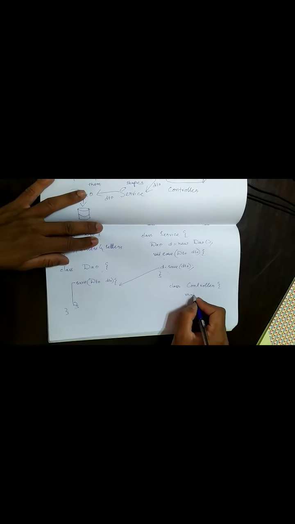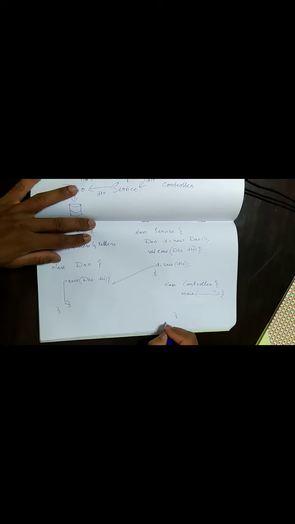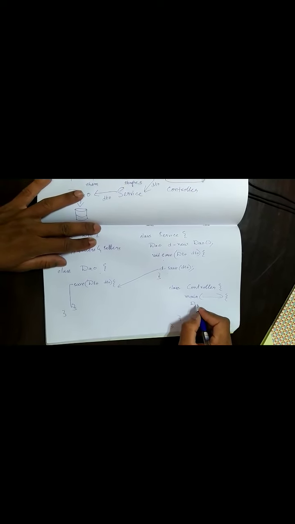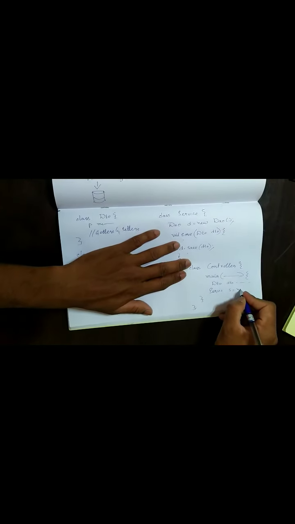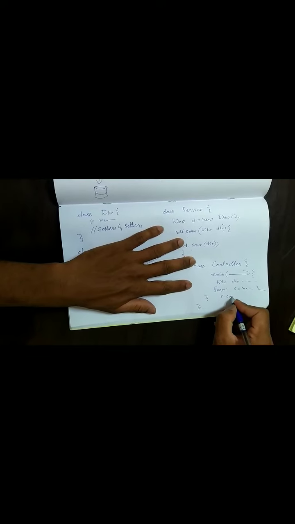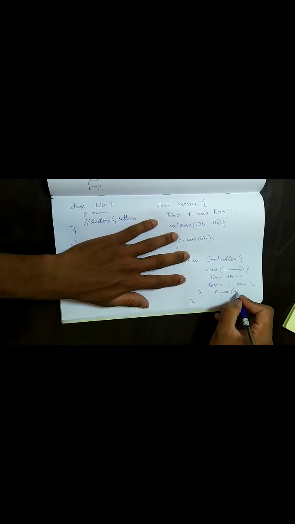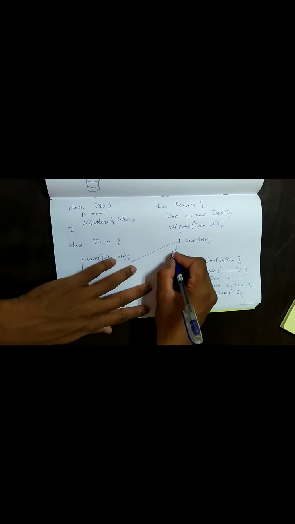From the controller, inside the main method, we will be passing a DTO object, new of service constructor, s.save of DTO. So we are sending it to the service layer.